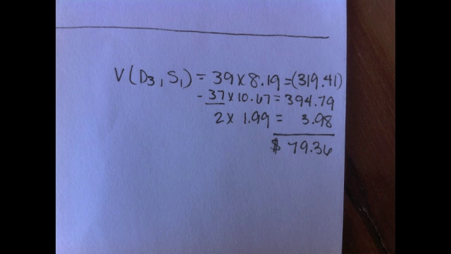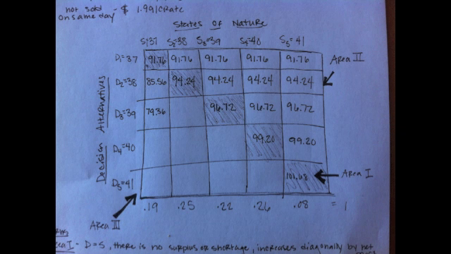If you calculate D3 S1, it would mean that you bought 39 crates at $8.19, but you could only sell 37. So you'd have 2 left over the next day that you would sell at $1.99, which would give you a net profit of $79.36. So these follow a pattern of your unit cost minus the sale price.